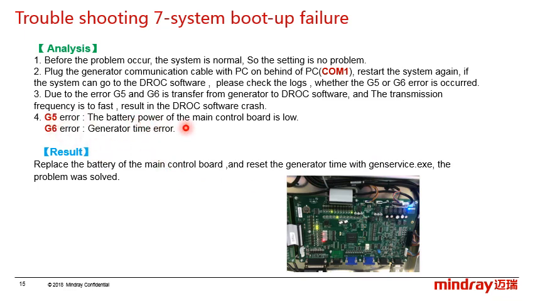And for these two errors, G5 means the battery power of the main control board is too low, and G6 means the generator tube area. So for this problem, we just need to replace the battery on the main control board.